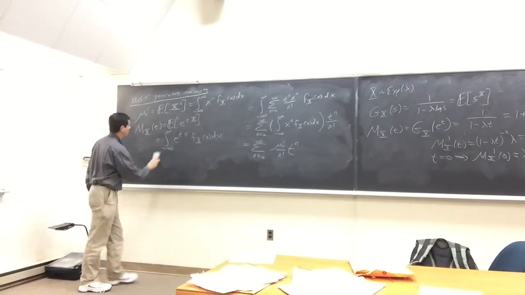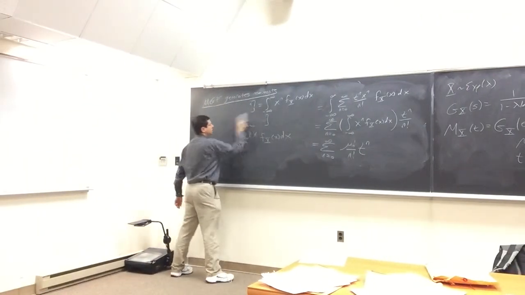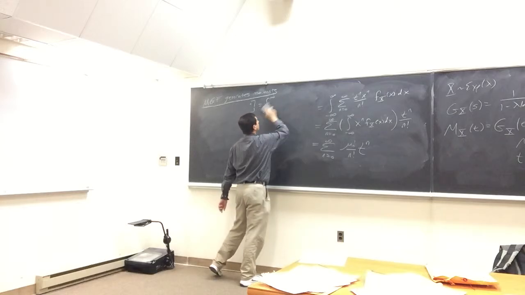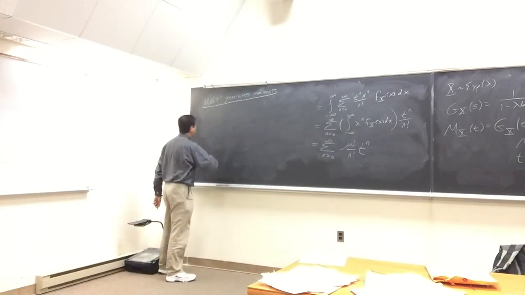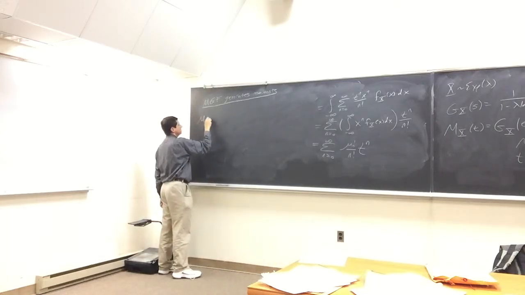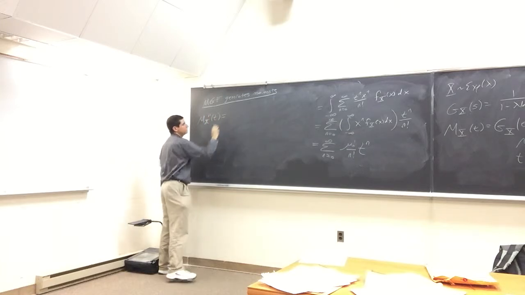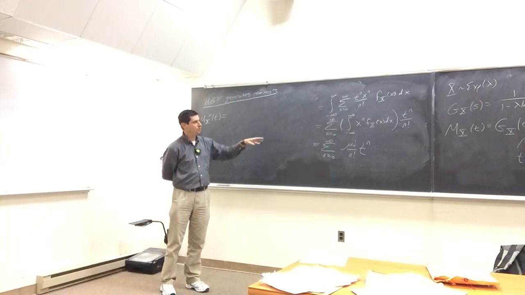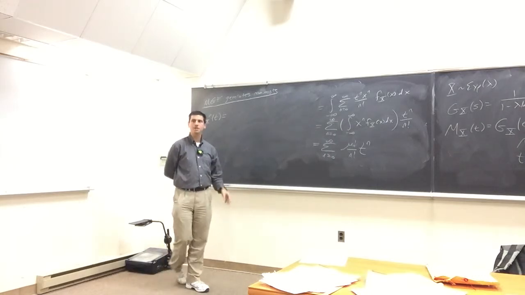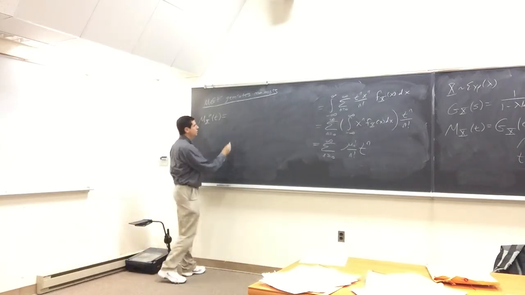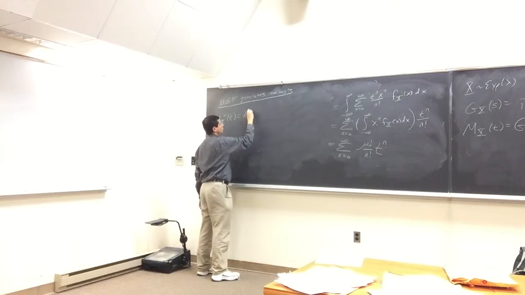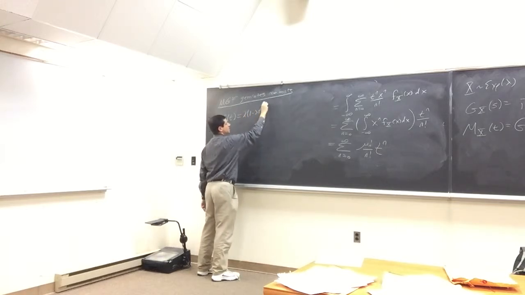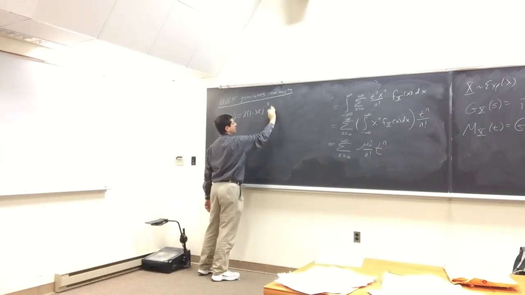And so now, let's take a second derivative. And so now we would get M_X double prime of t. So we have a (1 minus lambda t) to the negative 2. We'll have a negative 2, (1 minus lambda t) to the negative 3. The negative comes out, that reinforces. So we get 2, (1 minus lambda t) to the negative 3 lambda squared.